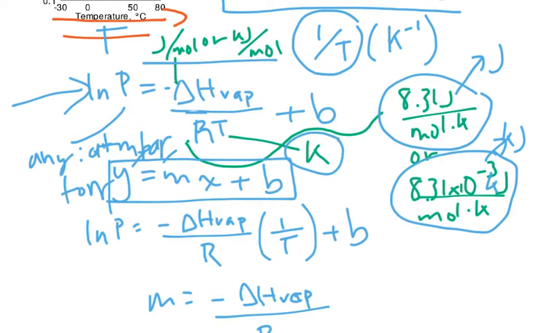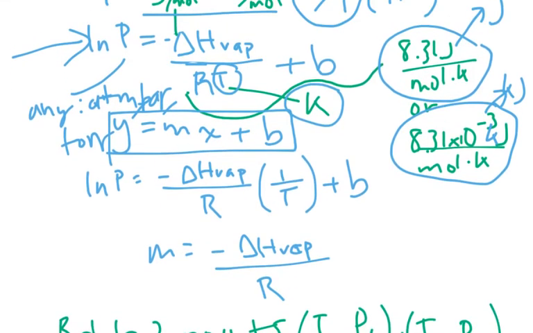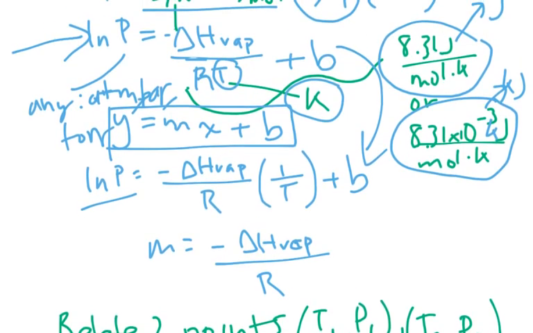Well, if we rearrange things and pull the T out, we get ln of P is equal to negative heat of vaporization over R times 1 over T plus B. All I did from here to here was change up the equation just a little bit. Now we can figure out which one's m, which one's y, which one's x, and which one's b.